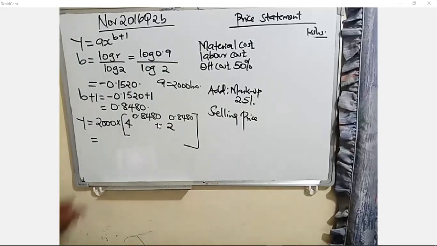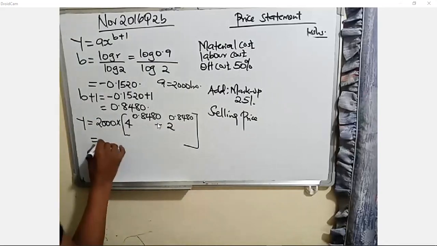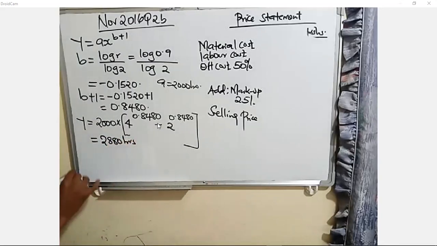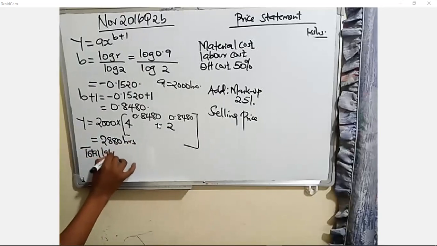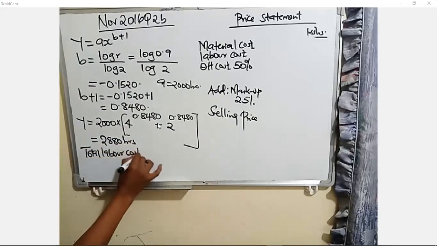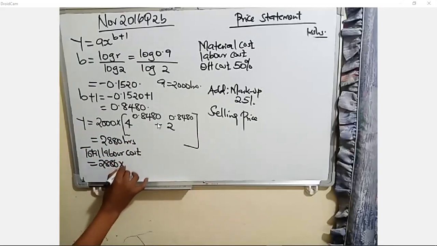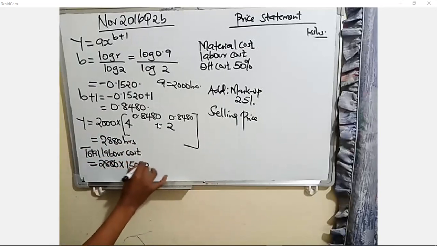Purity, what is the total labor hours here? 2880. 2880 hours. So what is our total labor cost again? It means it will be 2880 times 15,000.